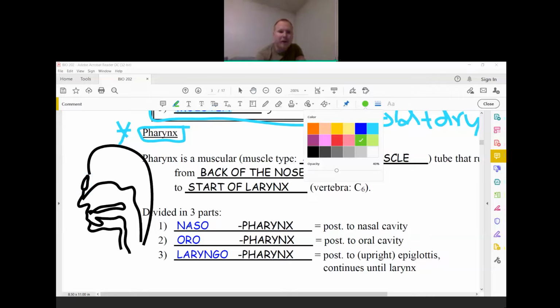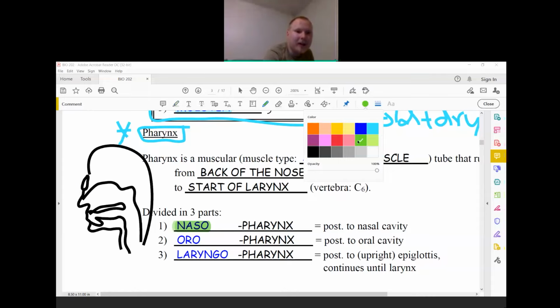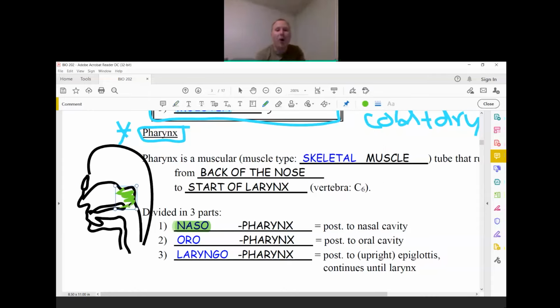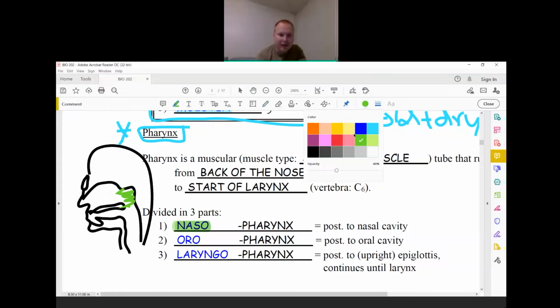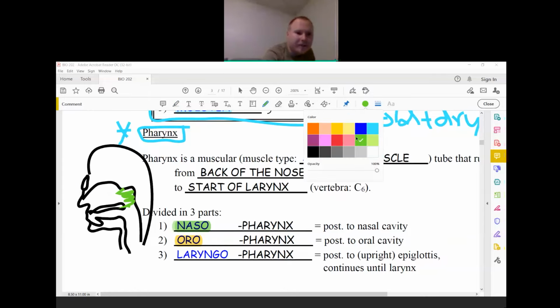The first part that we're going to see is known as the nasopharynx. The nasopharynx is located immediately behind the nasal cavity, so covering this area here. Then we have the oropharynx, which is located immediately behind the oral cavity, so it's going to be located on this diagram here.